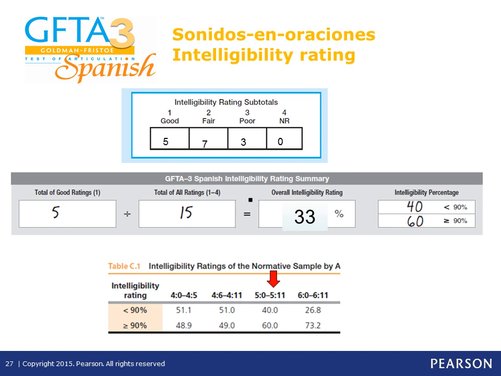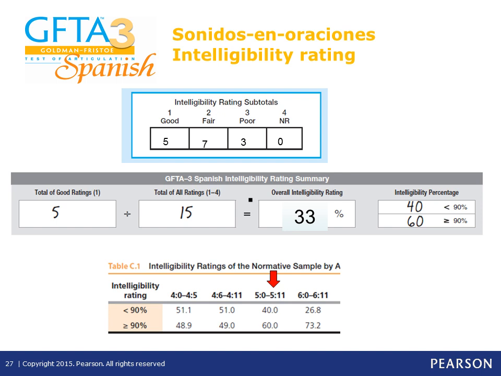So you'll start by recording the sum for rating 1 in the total of good ratings box, and then you'll add the sums for ratings 1, 2, 3, and 4. Record the total in the total for all ratings box. For Sonidos en Oraciones, ages 4 to 6'11", the total of all ratings will always be 15 unless the child produces less utterances.